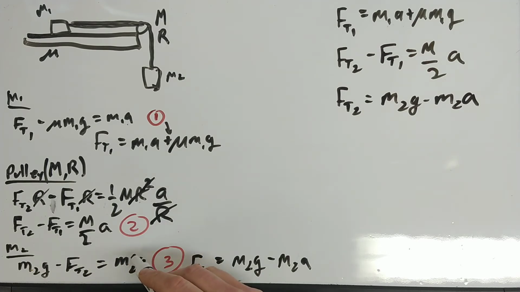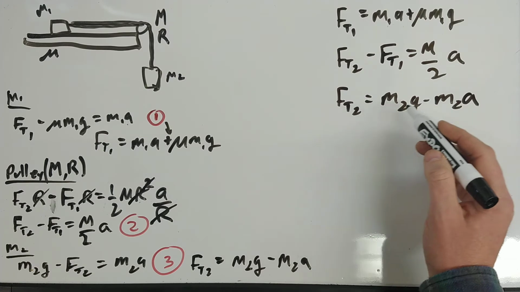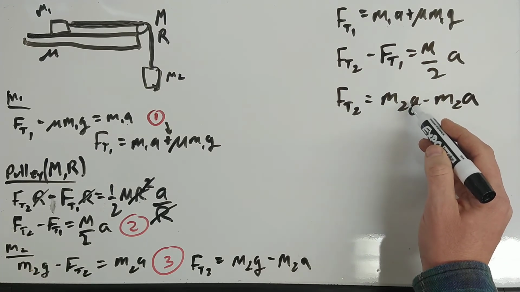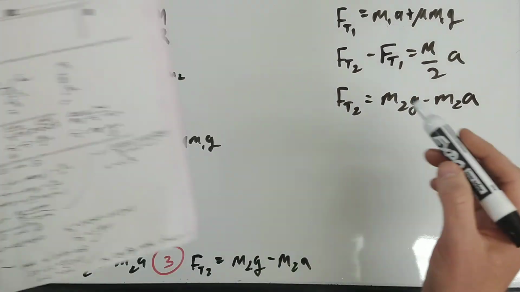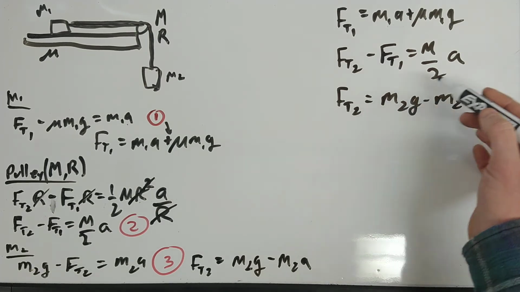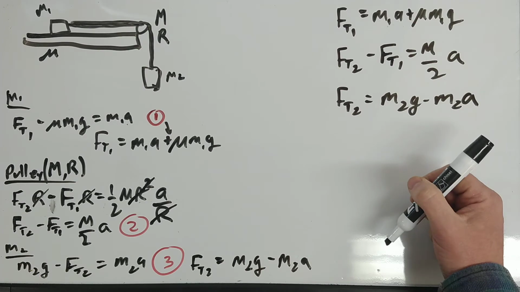Ft2 has got to be smaller than gravity, right? Because Ft2 is going up, and the net force needs to be down. So it's gravity minus the net force, minus that extra bit.